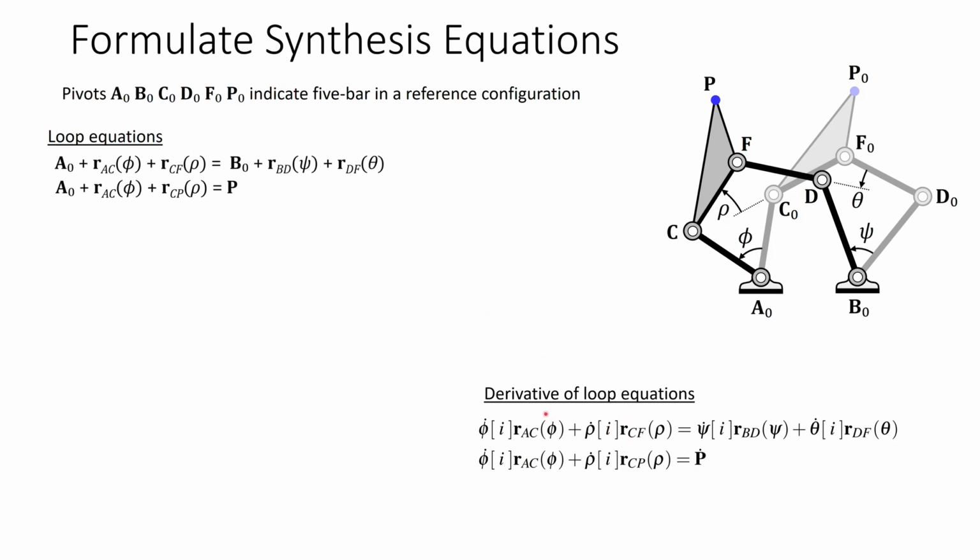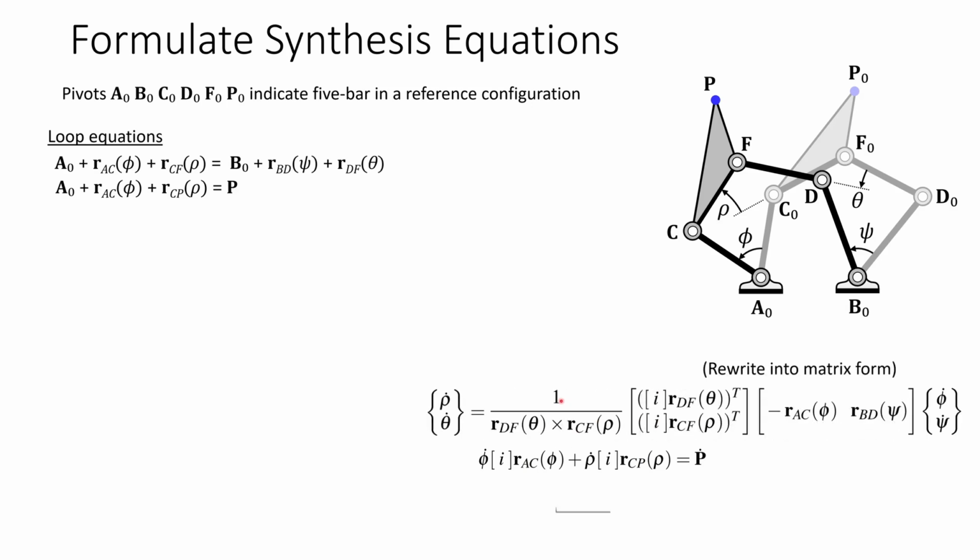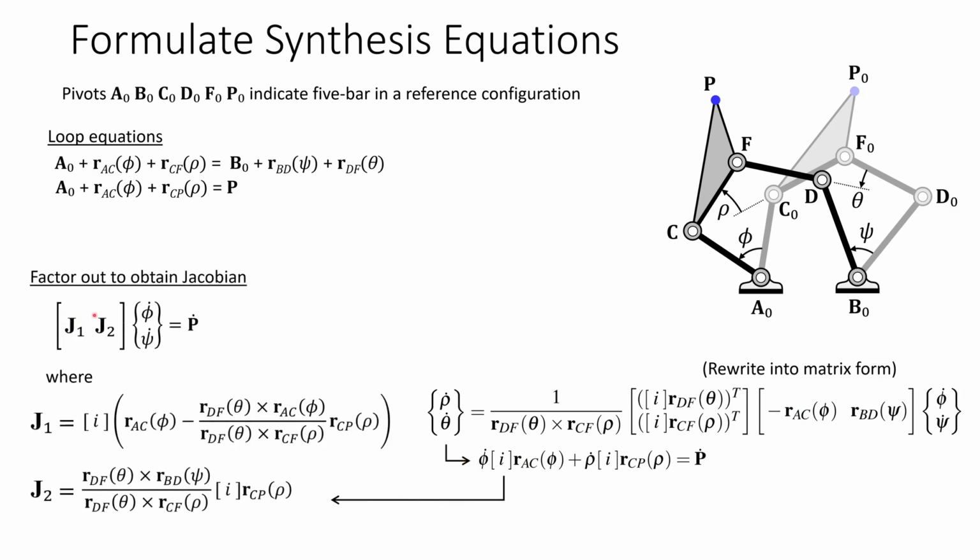The first derivative loop equation is rearranged into matrix form. The angular velocity rho dot is then substituted into the second derivative loop equation. This equation can then be factored out to form the Jacobian matrix. The 4 entries of the Jacobian are organized into 2 column vectors, J1 and J2.